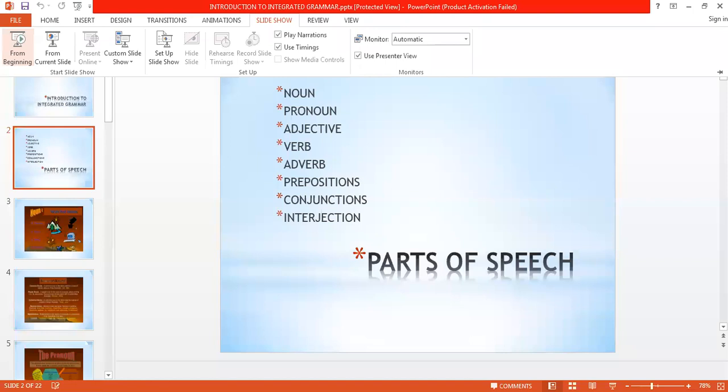Be attentive towards the difference between the pronoun and the adjective, otherwise you might get confused. The difference is about the noun: using the noun along with them, or replacing the noun. If they are following a noun, they become adjectives. If they are replacing the noun, it will become a pronoun.